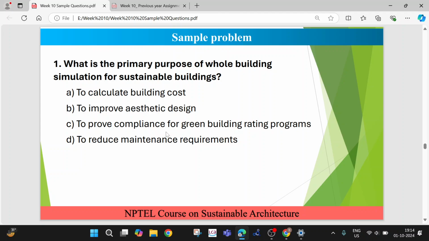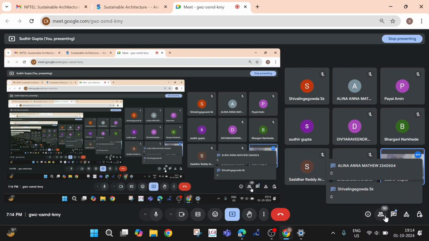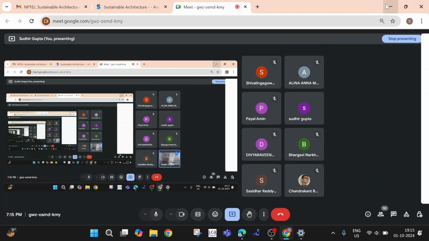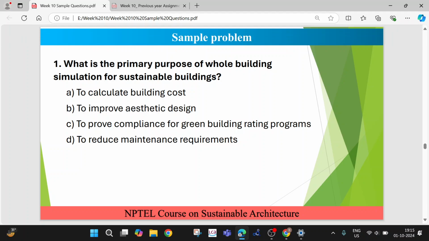In terms of sustainable building, you have to answer it. It is very clear. C is the right answer, and all of you have answered it correctly.